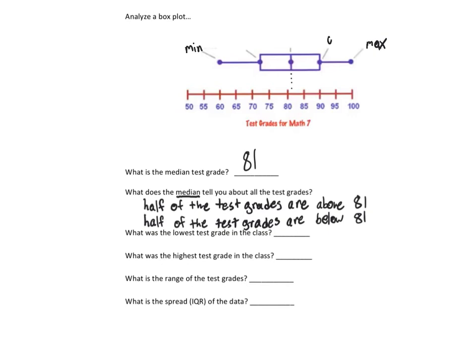This is the Q3, Q2, also the median, and this is Q1. So again, what was the lowest test grade in the class? Well, we follow this down to get 60. And what was the highest test grade in the class? That's the max. So we follow this down, and it is 100.